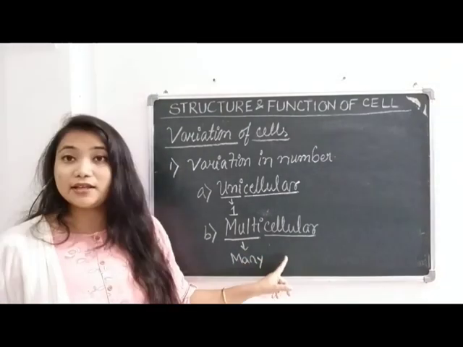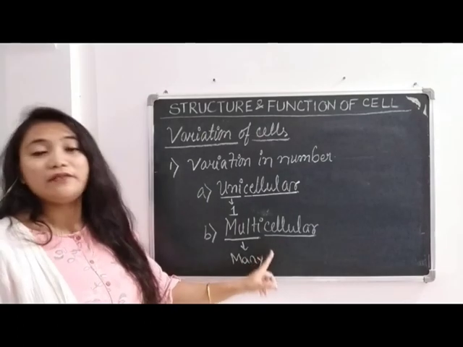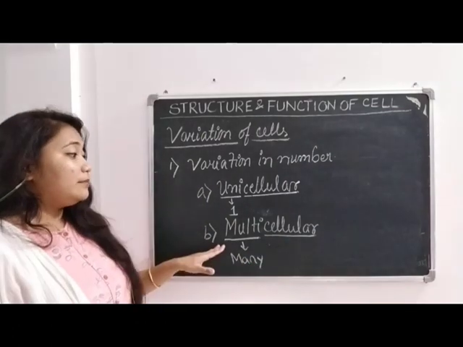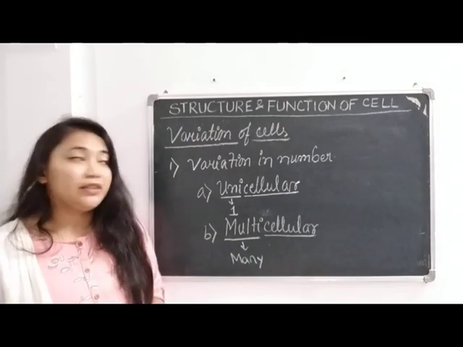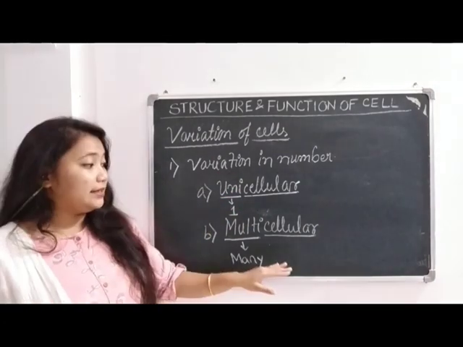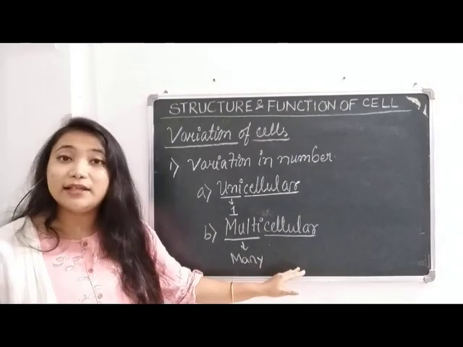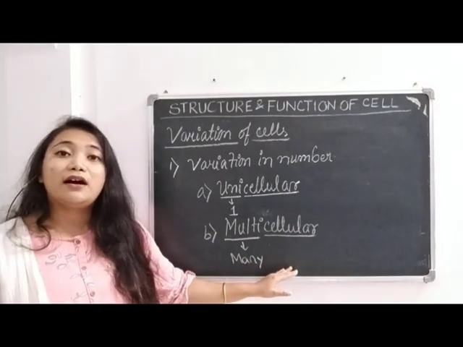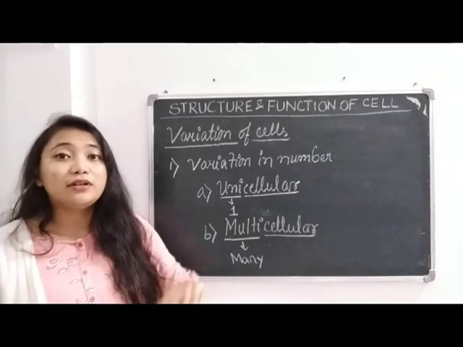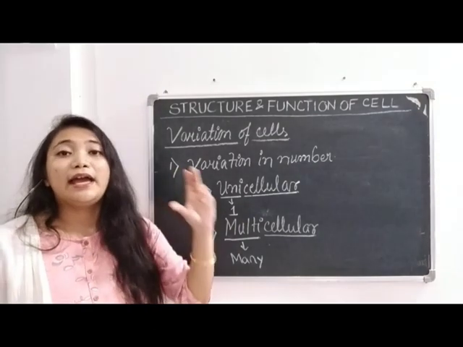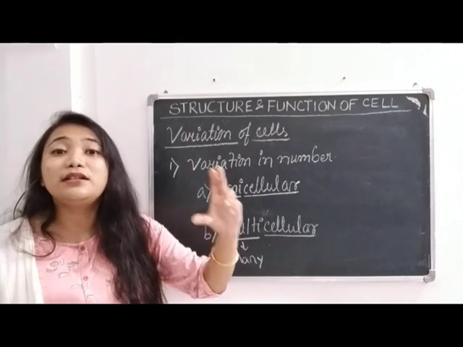Now in case of the multicellular, there is one very important thing. The multicellular organisms start with a single cell. Even though they are multicellular, they start with a single cell. Just like the egg. The egg is what? It is a single cell.